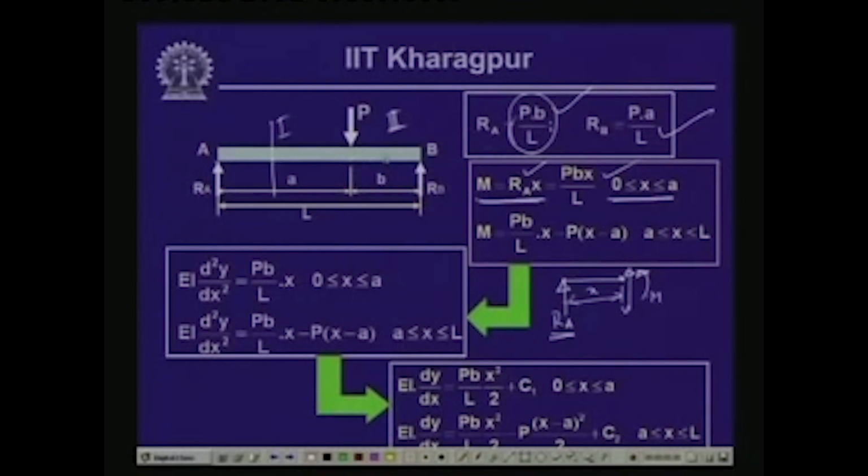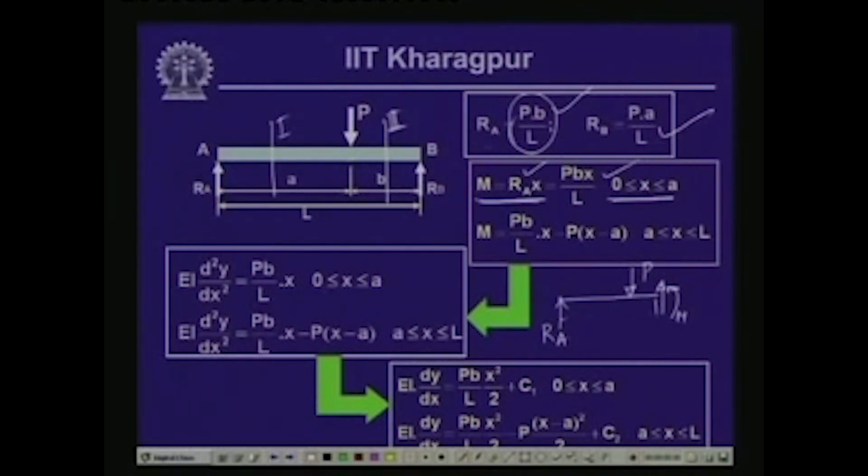Now, if we take segment 2 and take a cut over here and draw the free body diagram, we have the reactive force R A, the concentrated load P, and on this cut the shear force and the bending moment.